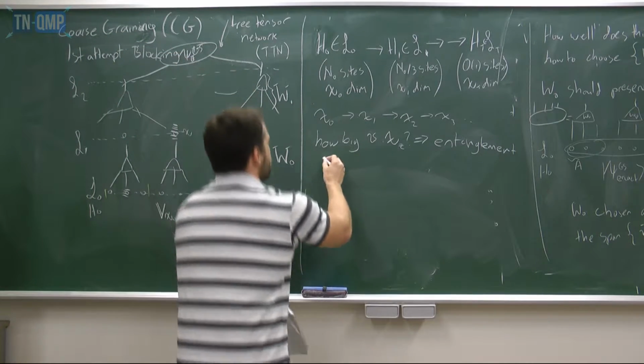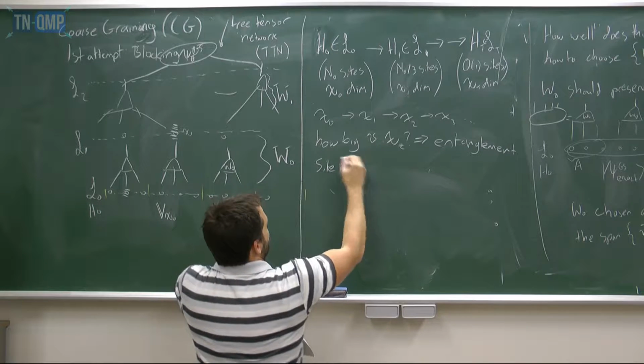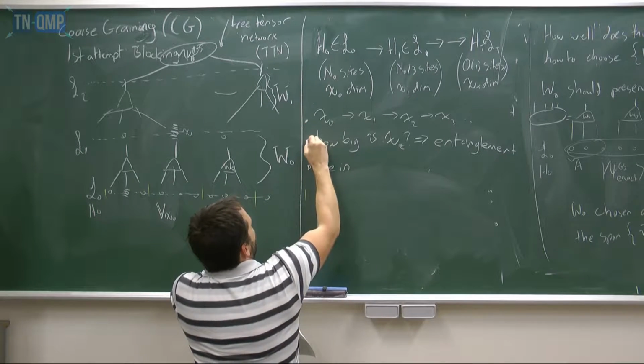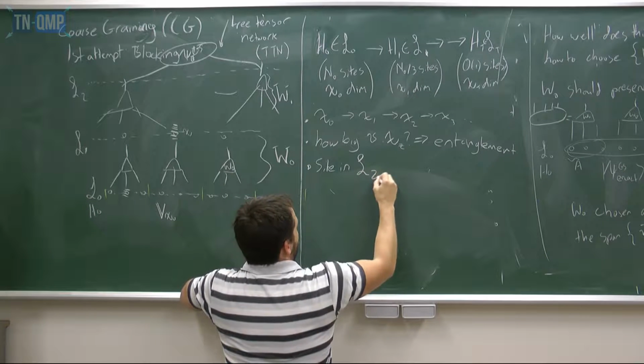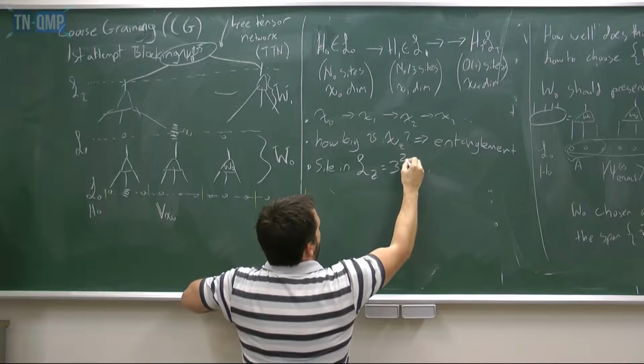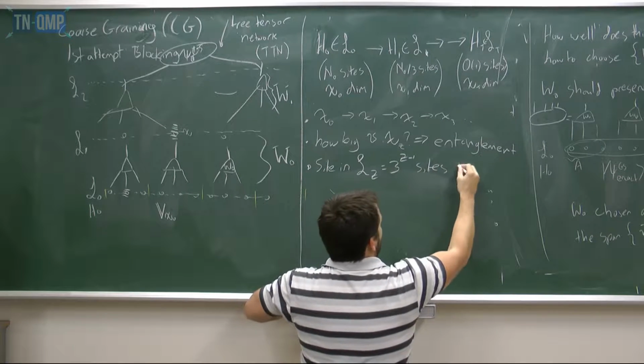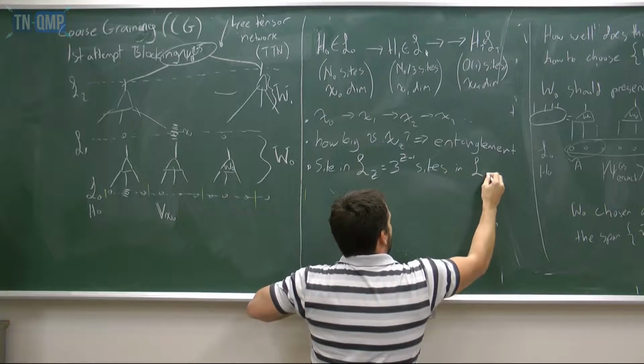So what we should notice is that a site in lattice Lz equals 3 to the power of z minus 1 sites in L0.